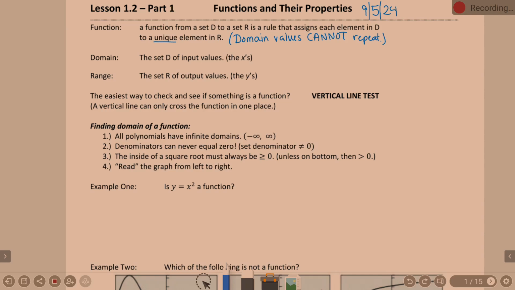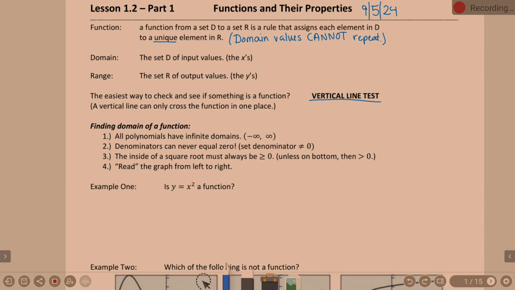Now, one of the things we're going to talk about is how to tell if something is a function. Easiest way to check? You guys remember the vertical line test? Yeah, kind of. No. Okay. Well, vertical line test: in order for a graph to pass the vertical line test, a graph can only touch a vertical line in one spot.